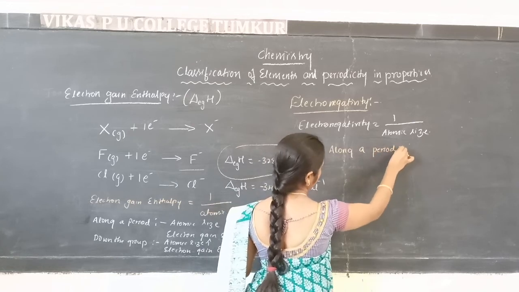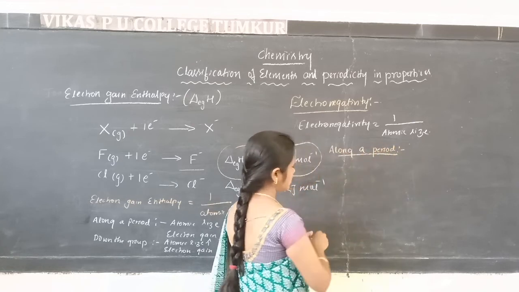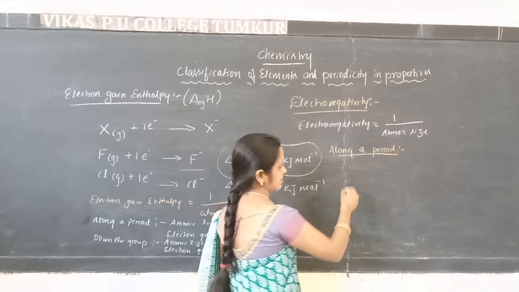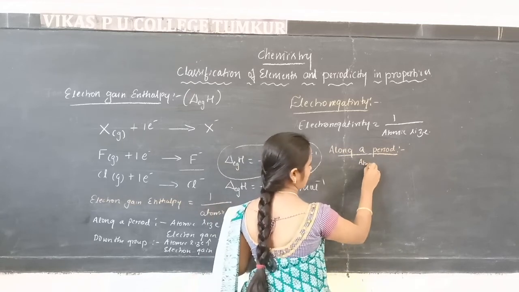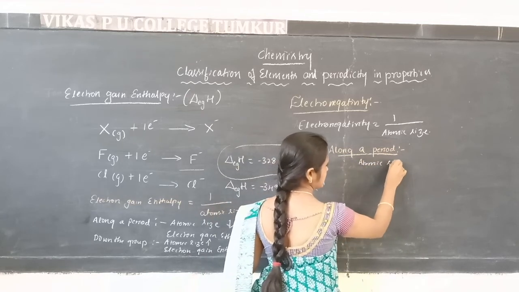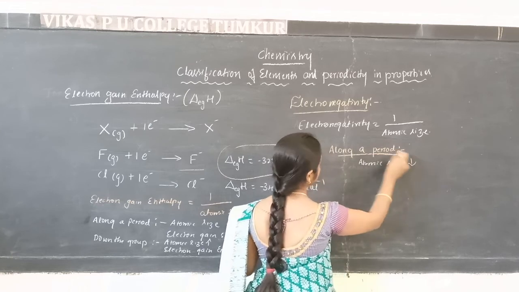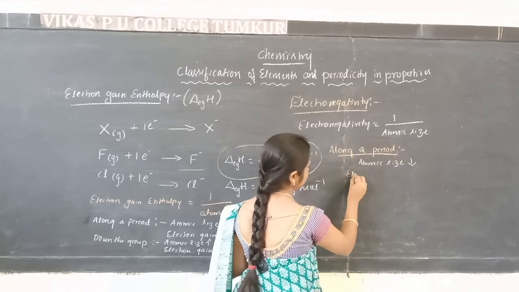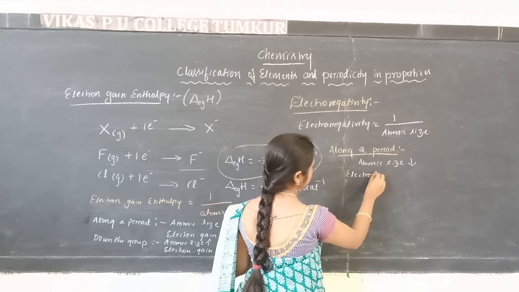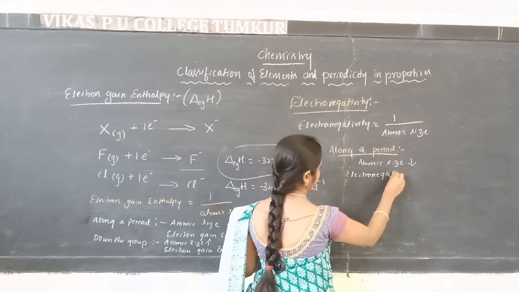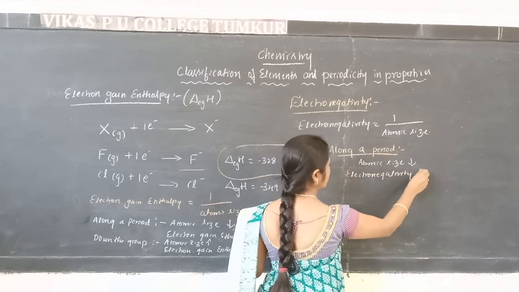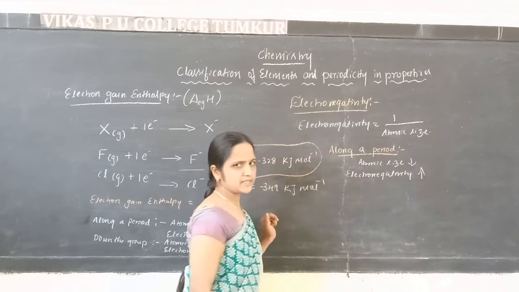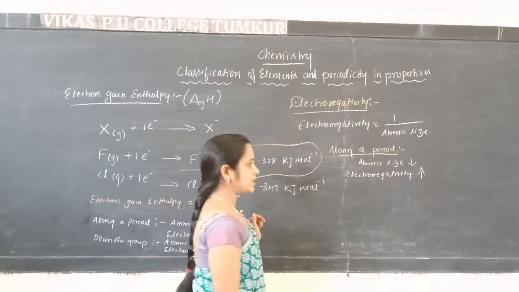Along the period, what happens? The atomic size decreases and electronegativity increases. If one increases, the other decreases, and if one decreases, the other increases.